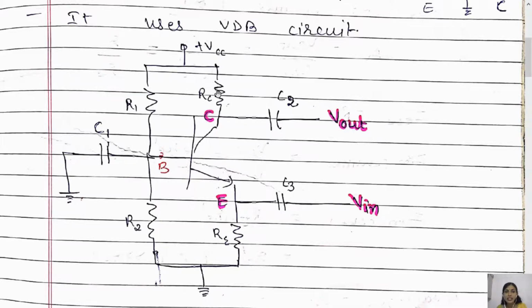This is the collector resistance, this is the emitter resistance, okay? And RB is divided into two resistances R1, R2. This is the parallel combination of R1 and R2. The total power supply plus VCC is given to the collector, and using this power supply plus VCC, biasing is provided via R1 and R2 to the base terminal.